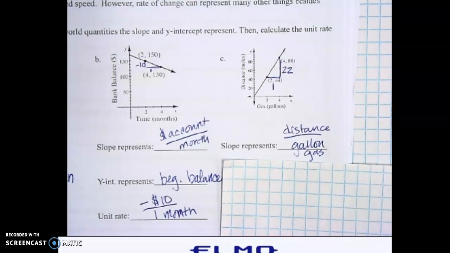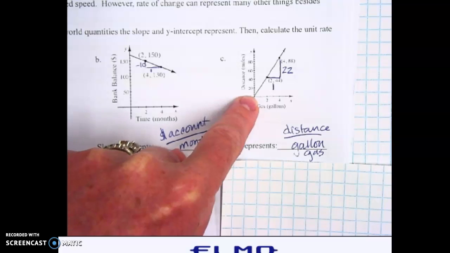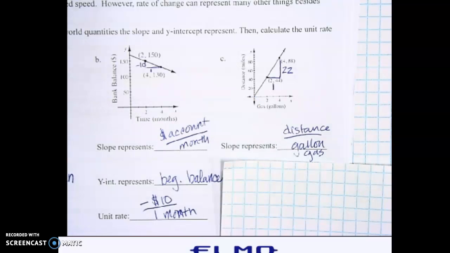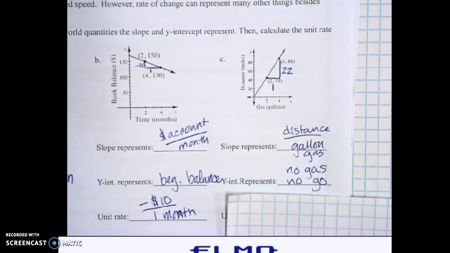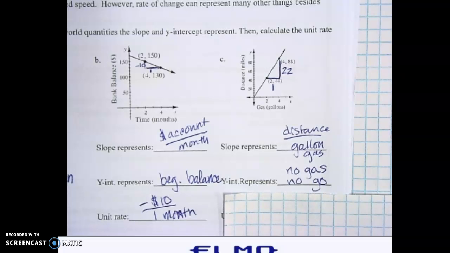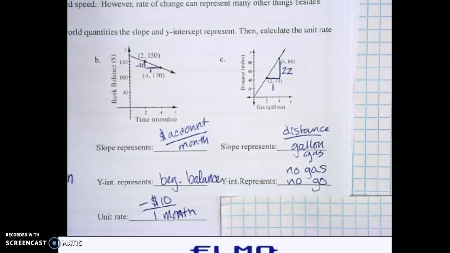So the next question is going to ask you, what does the y-intercept represent? Notice where this one's at. Where's it at? 0. What does that mean? It means you don't have any gas. You're not going to go anywhere. No gas, no going. Okay? The third question is, what is the unit rate?